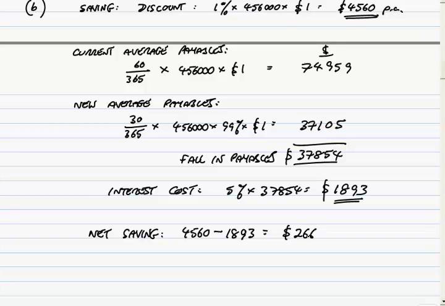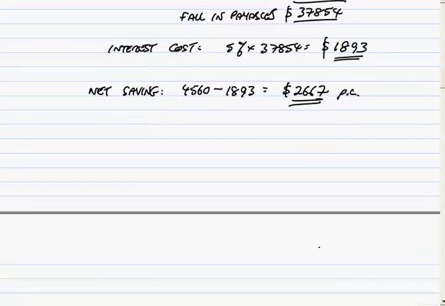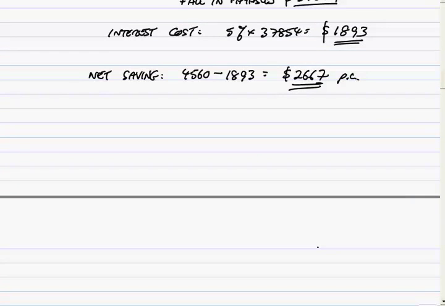A net saving of 2,667 per annum. So again, I don't think too bad. But equally, the nice thing is that even if there was a problem, it doesn't affect Part A, and in a second, it doesn't affect either Part C or Part D. C and D are very much independent.